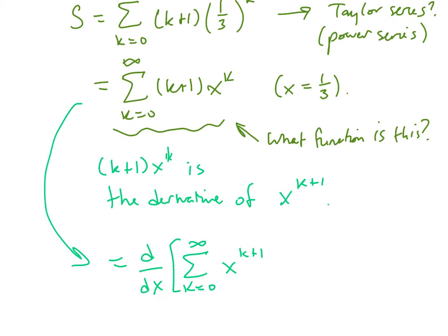Now that's interesting. What does it mean for that to be the derivative of that series? Well, I believe I could actually say something intelligent about this series here, because what kind of series is this? It is a power series. It is a Taylor series, but it's a very special kind of power series. This is a geometric series.